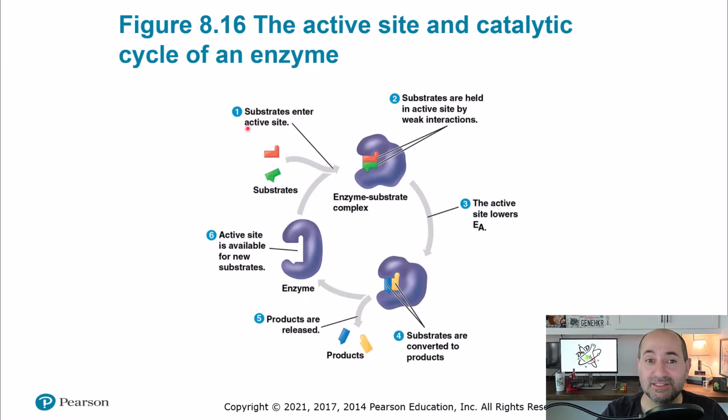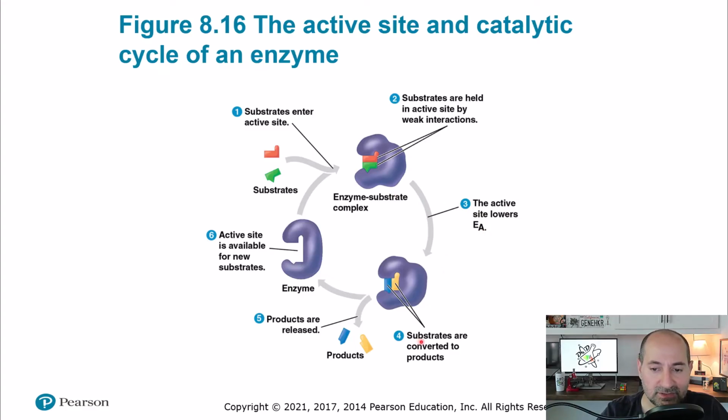So again, how did it work? The substrate or substrates enter the active site. Remember the active site of the enzyme. The substrates are held in the active site by weak interactions such as hydrogen bonds. The active site lowers the activation energy.